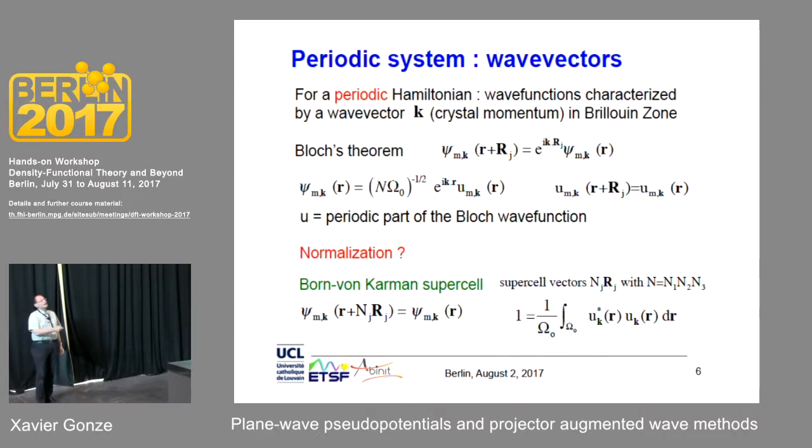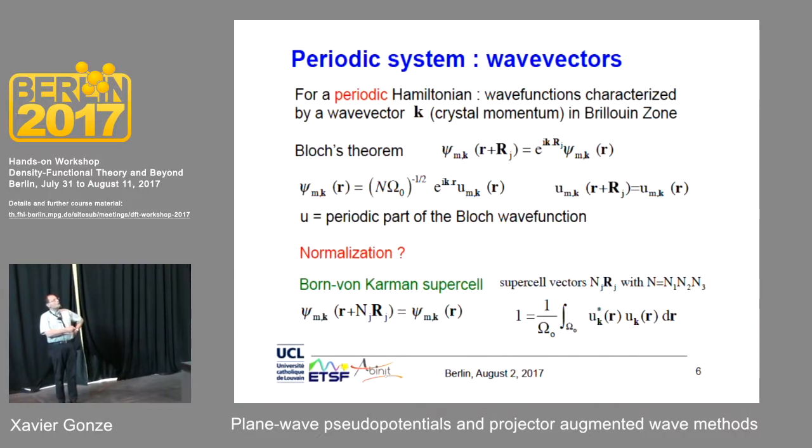It will be a supercell with vector N_j R_j, with the big number N being N1, N2, N3. And we will require that on the border of this Born-von Karman supercell we have a true boundary condition also for the Bloch wave functions.